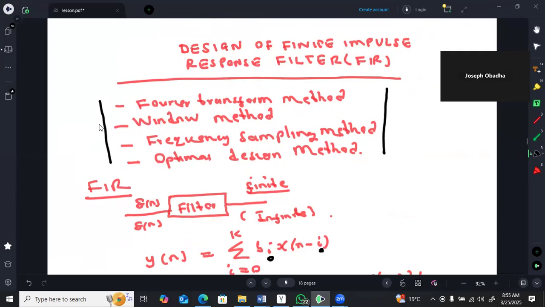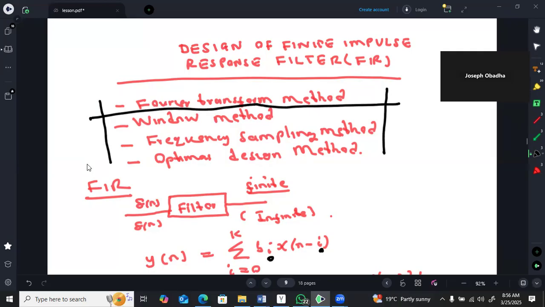As we are going to see, the Fourier transform method is a very basic and straightforward way, in spite of some of the problems that it has, which are solved by resorting to other design methods like the windows method to improve certain aspects of the response of the filter designed using the Fourier transform method.